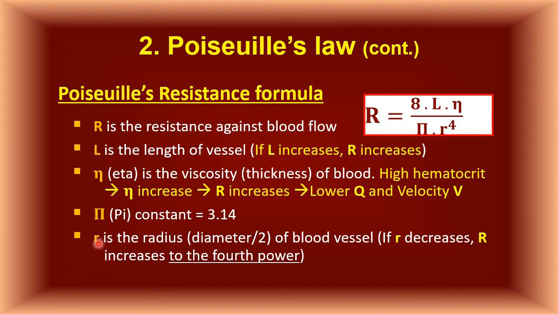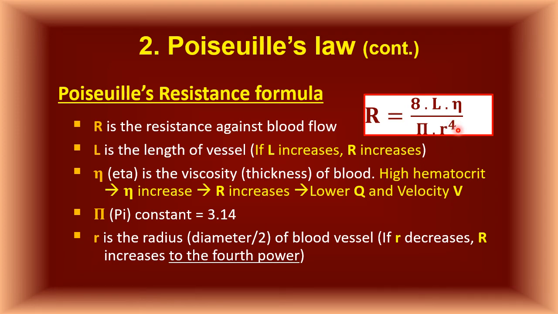And then we come to the r, and we have to talk a little about r, the radius of the vessel. Based on the work of Poiseuille, he found that as the radius of the blood vessel shortens, or the blood vessel gets narrower, there is a big impact on the resistance. And he found that this relationship holds if we have r raised to the fourth power.